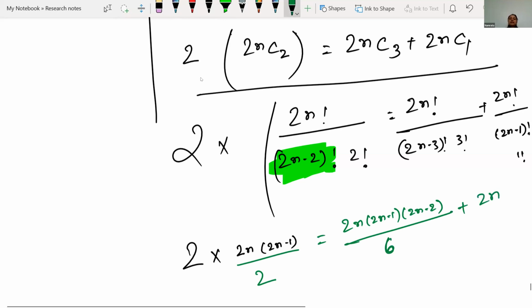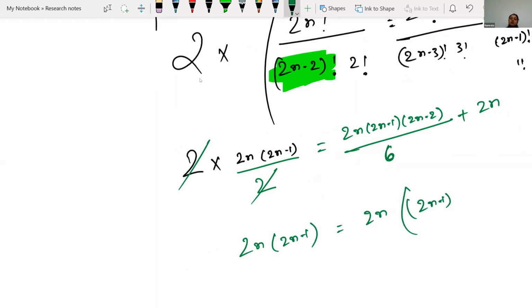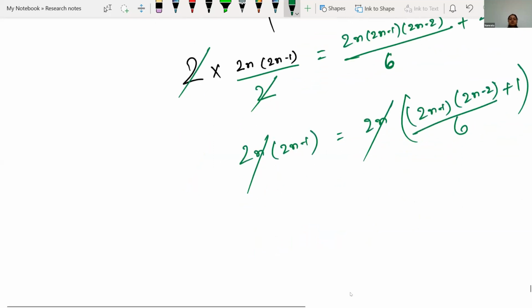Let's see what else can be done. Let's take 2n common. (2n minus 1)(2n minus 2) over 2, 3 times 6. Okay, don't cancel it. Let's take out 2n common and see what else we are getting. Plus 1. 2n, 2n gone. Got it? Yes, ma'am.